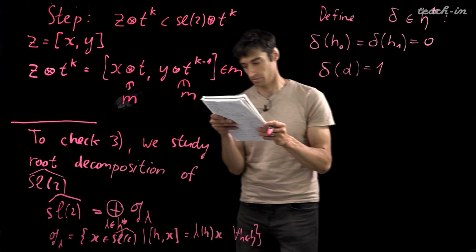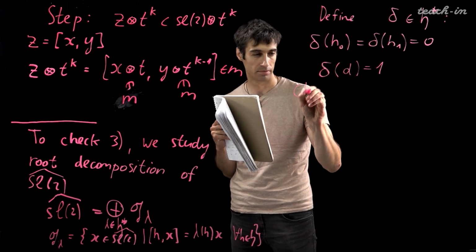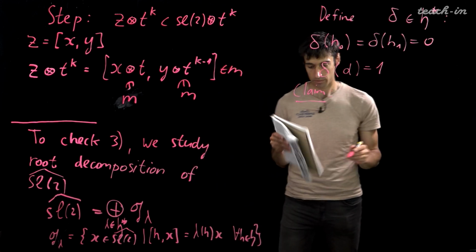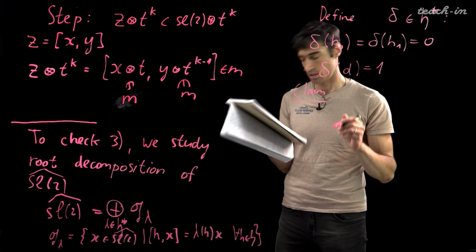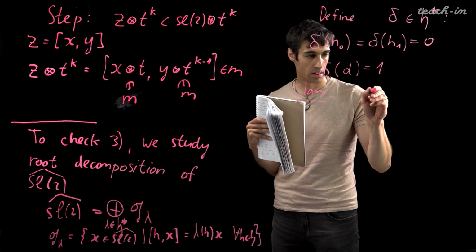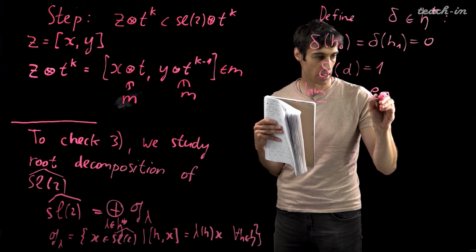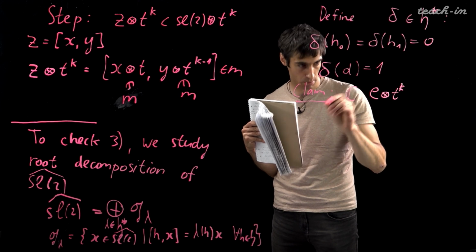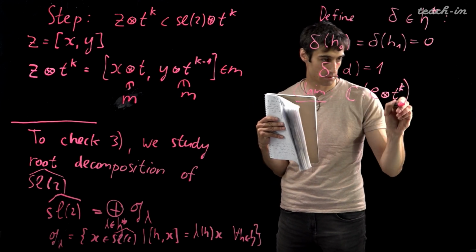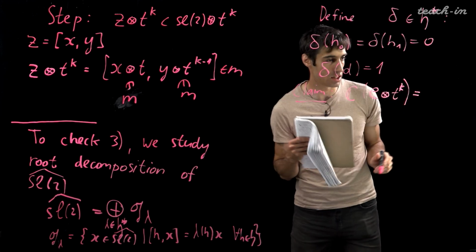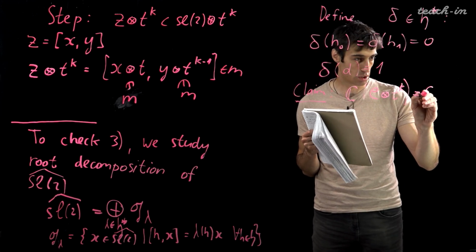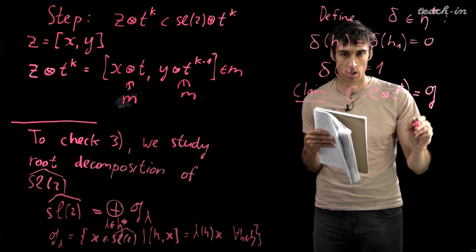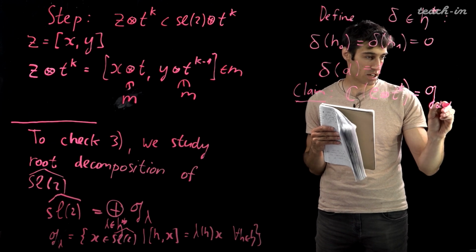Okay, so I claim that if I take the vector E tensor T^k and consider the subspace spanned by this vector, then this will be exactly the weight subspace corresponding to alpha 1 plus k delta.